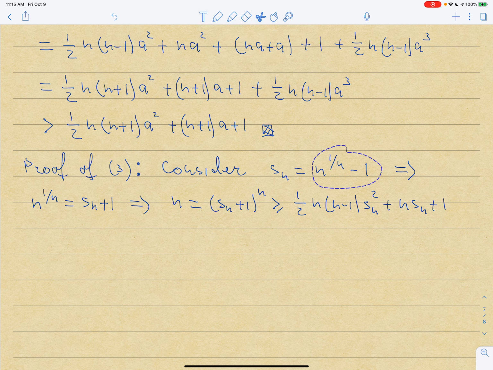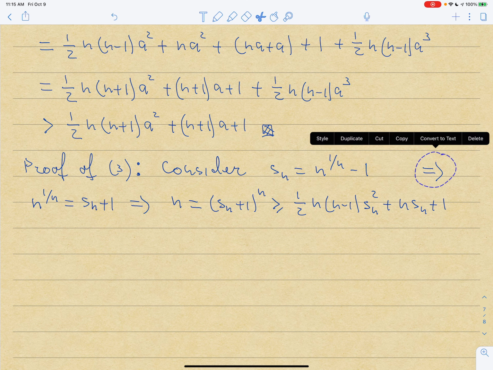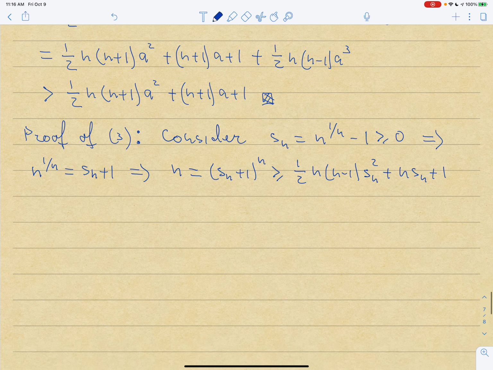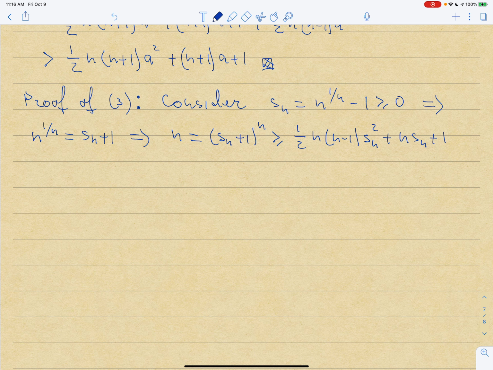So therefore, we can put here that this is always greater or equal than 0. And now if Sn is always greater or equal than 0, then the sum of these two guys is always greater than 0, because I have something which is greater or equal than 0, Sn, times a positive number plus 1, so this has to be greater than 1, so automatically this guy is greater than 0.